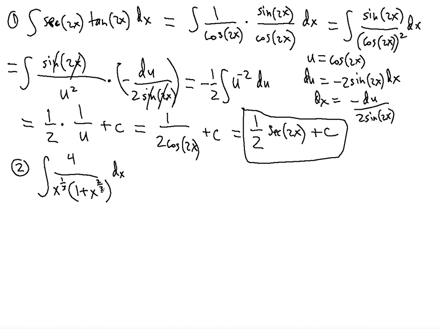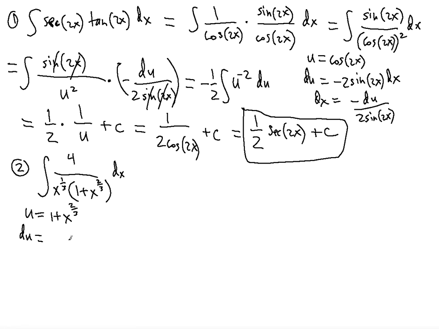If you try to take the derivative of x to the 2 over third, you will get precisely the resulting power of x of the derivative, x to the negative 1 over third. And x to the negative 1 over third is such that x to the 1 over third is in the denominator, right? So you can set the u freely to 1 plus x to the power of 2 over 3.